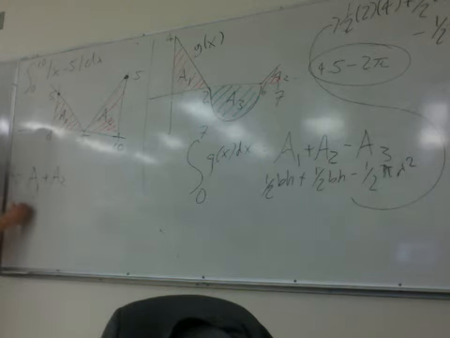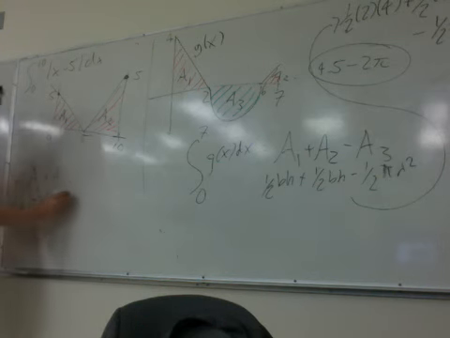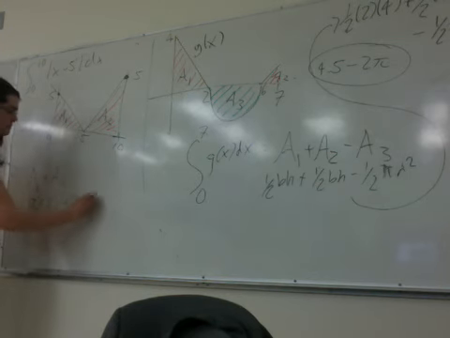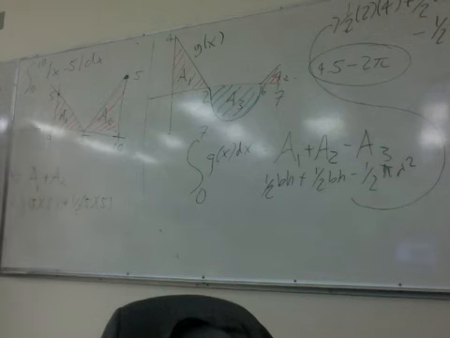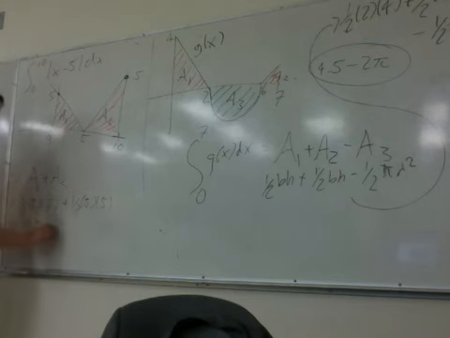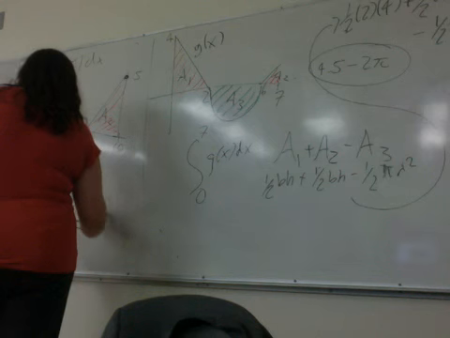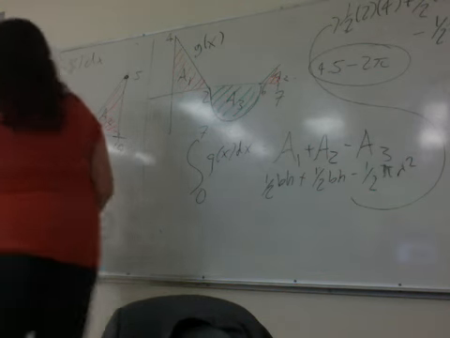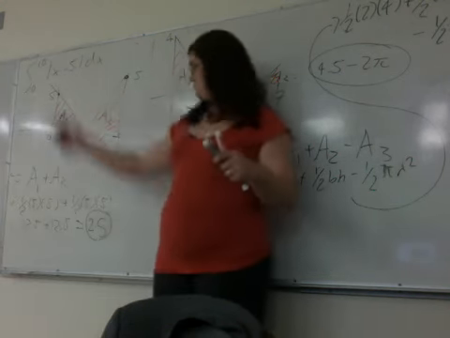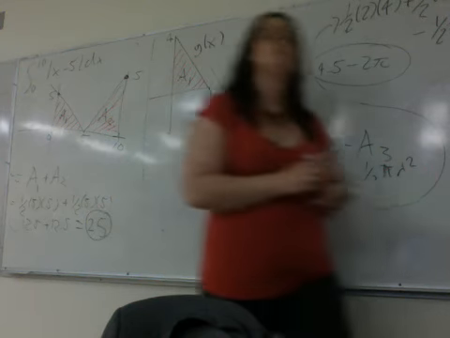The first area is going to be a half times the base times the height, so a half times 5 times 5. The second one is also 1 half times 5 times 5. 5 times 5 is 25, half of 25 is 12.5. This is also 12.5. When we add them up, we get 25. So this integral gives you 25.